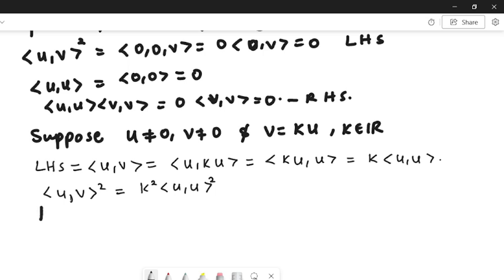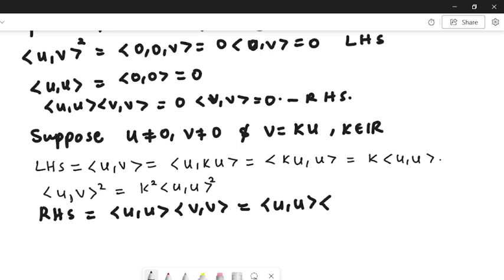Now we are going to the right hand side. This one is the same as before, but now for v we're making a substitution. If you use the inner product space, we have some axioms of the inner product. We are going to get u and then this k.